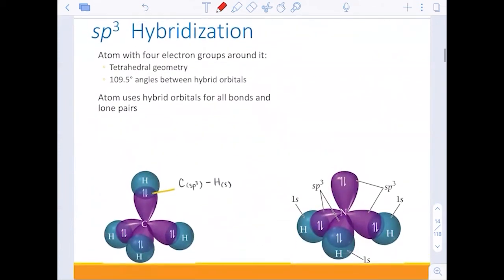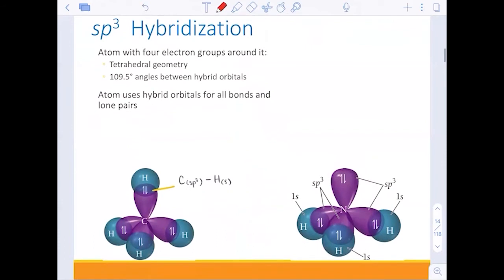So the sp3 hybridization is literally going to be tied to the 4-electron group of VSEPR theory. Whenever you have 4 electron groups, you're going to see that tetrahedral geometry. The bond angles are 109.5.